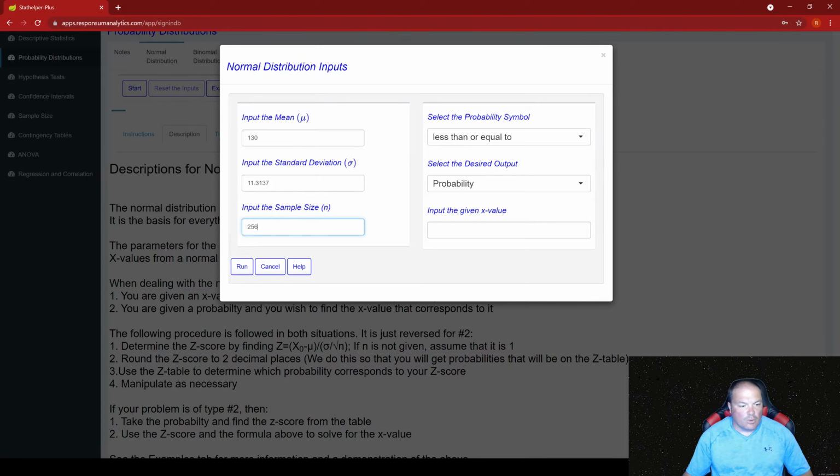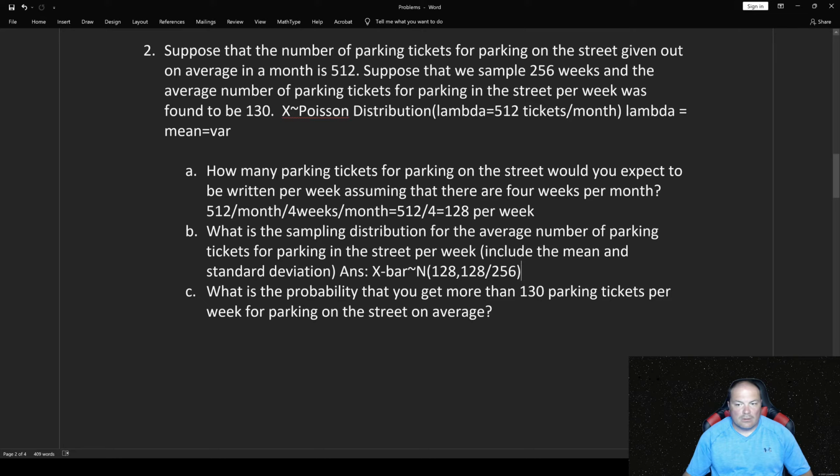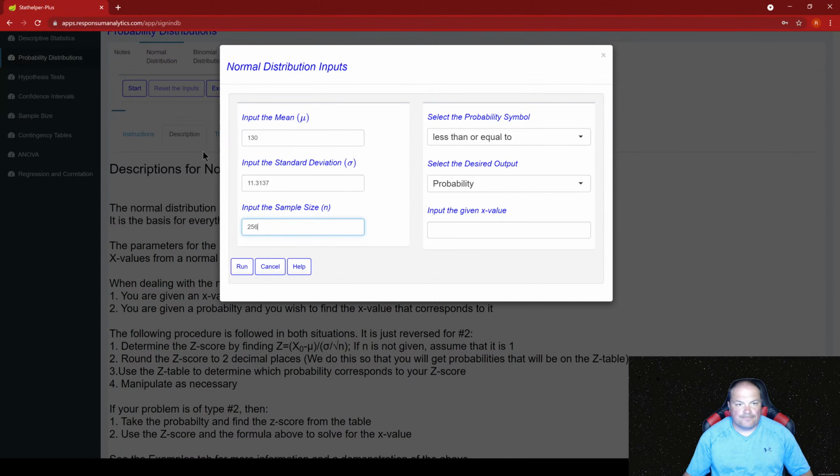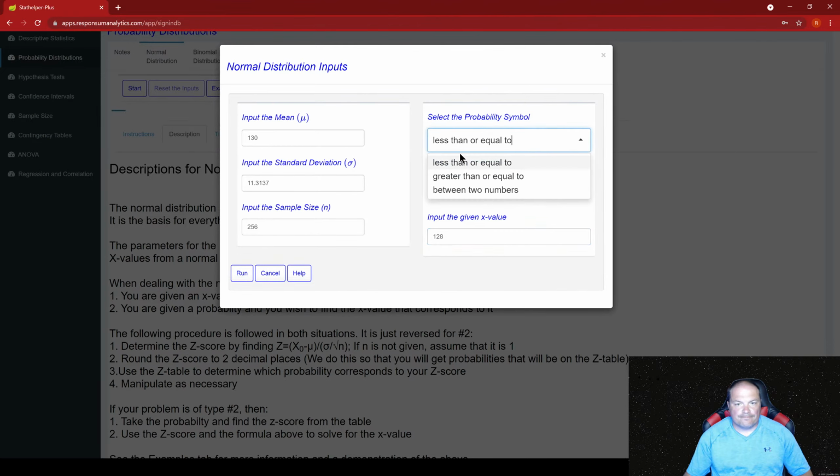We are looking for greater than, and this is going to be 128. Okay, now we'll put in 128.